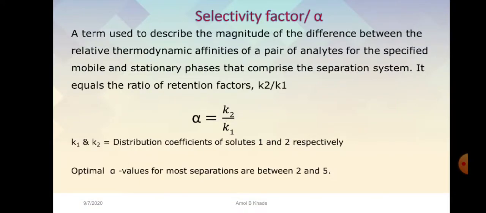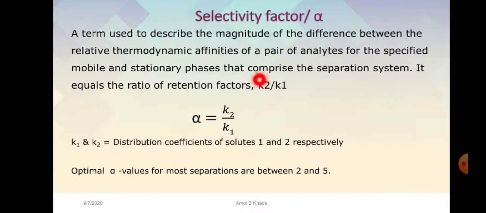Then next is the selectivity factor, which is abbreviated as alpha. This is a term used to describe the magnitude of the difference between the relative thermodynamic affinities of a pair of analytes for the specified mobile and stationary phases that comprise the separation system. It is equal to the ratio of retention factors. Let's say we have two components, 1 and 2.